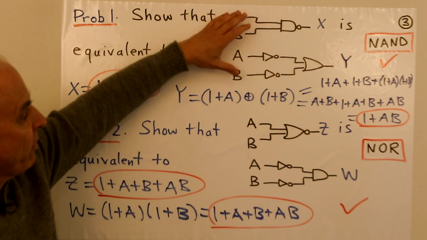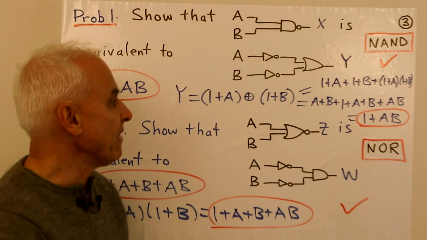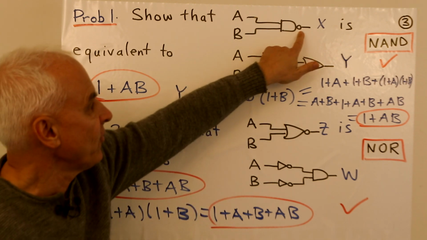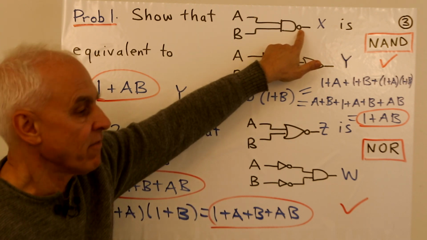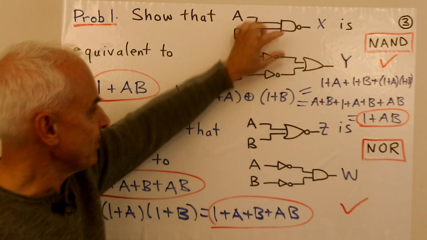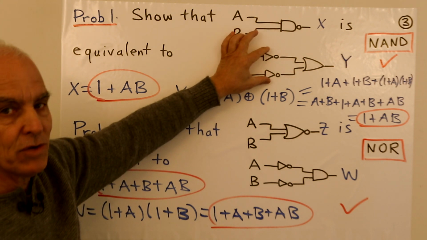By the way, the equivalence here is just expressing a familiar identity at the level of the logic here, right? So we're taking this inversion and moving it in front. Instead of having an inversion at the end of this gate, we have it at the 2 inputs in the front.